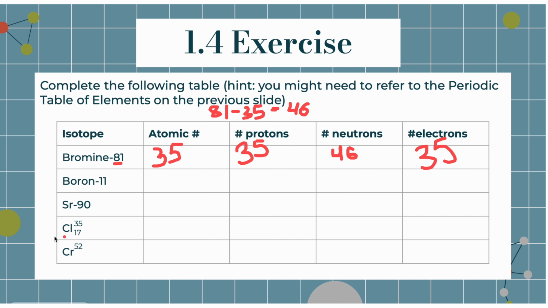And now let's see this notation and how we will be able to complete it. Also, I just want to note that this is the atomic number, this is the mass number. But for this, you don't have an atomic number, but you're supposed to know this from the periodic table of elements. So you will find this element and you will know the atomic number. It's just not displayed here because sometimes it's not displayed on the elements. So let's do chlorine. It has an atomic number of 17.